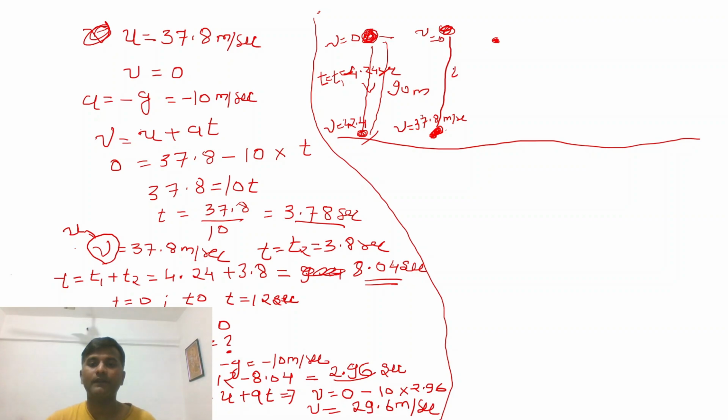So what was the time taken to travel from here to here? That time was 3.78 seconds. So bounce 3 is important, while bouncing 3 means it will come back here. So what I have to find out? Total time is 4.24 second, then 3.78 second, then at time t is equal to 12 second, what is the velocity that I have to find out?